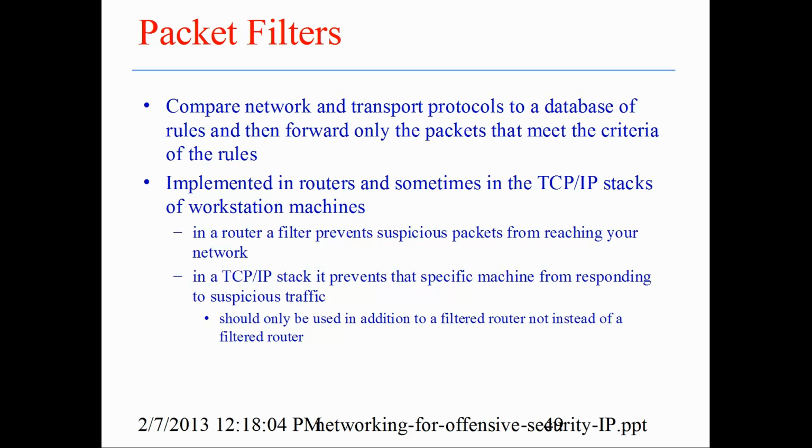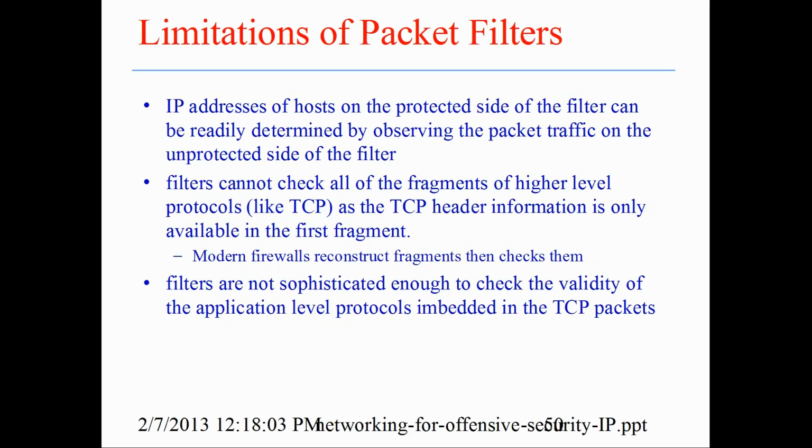Sometimes it's implemented in the TCP/IP stack of machines, and one of its limitations is that it cannot check all of the headers of traffic. For instance, the higher layers, such as the transport layer and the application layer, it cannot check the headers there and determine perhaps subtle attacks or deep problems in their headers.